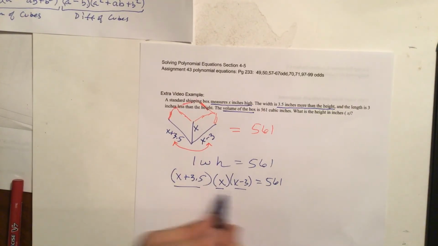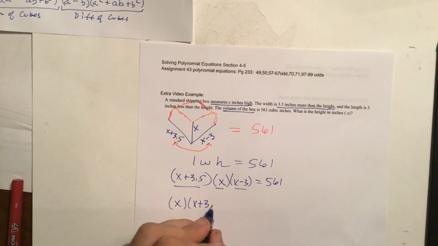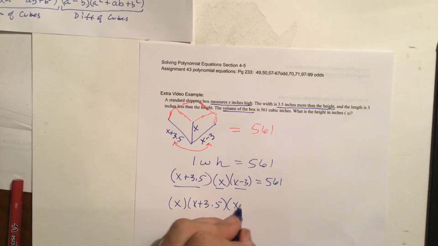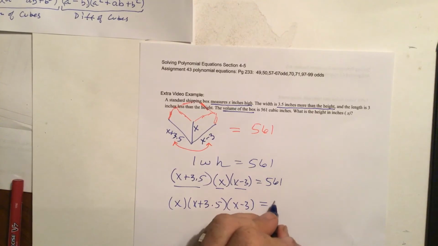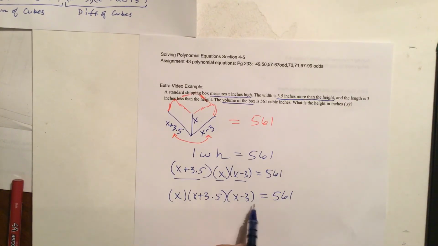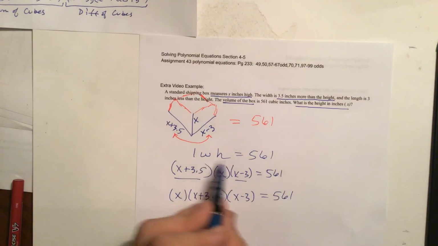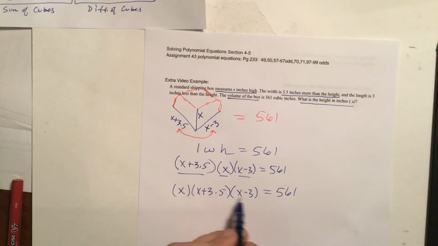Now, as we look at this, let me clean it up so you guys can see it a little better. This is not a pleasant equation, and I still need to find the volume. What's the height? So I still need to find x. So if we multiplied this out, we get all sorts of nasty decimals.